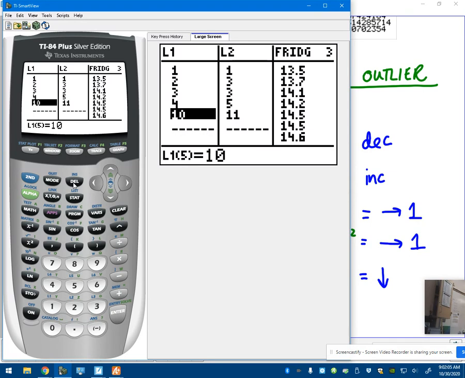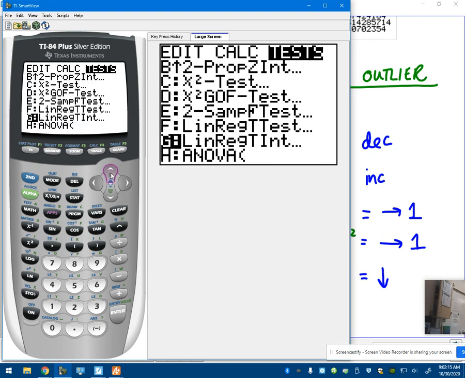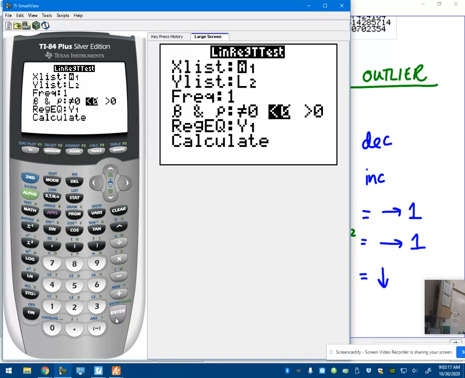I'm not hitting zoom 9. You have to try to force yourself not to do that because that's my gut instinct. I'm now going to rerun Stat, Test, LinReg T test, but be very careful because guess what I'm going to change Y1 to? I'm going to change it to Y2 so both lines show up. How do I do that? Alpha trace.